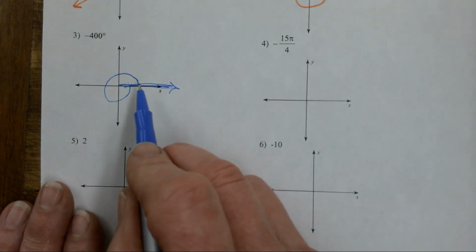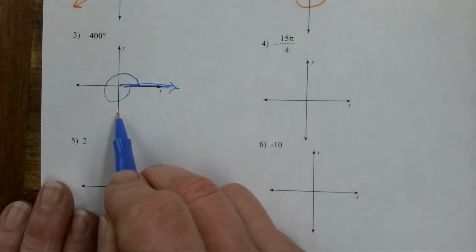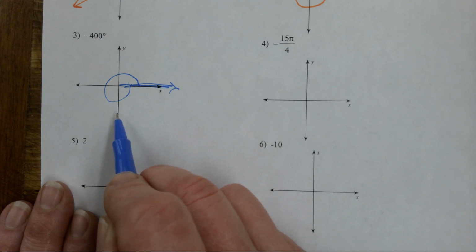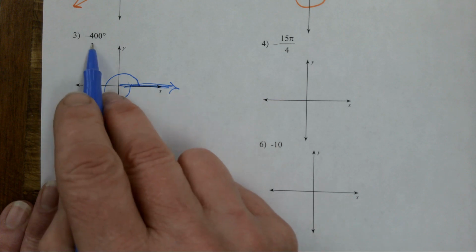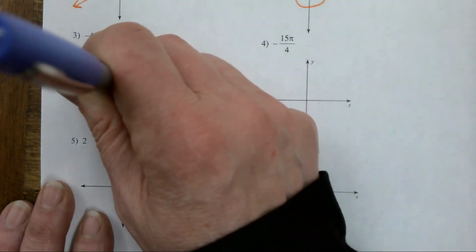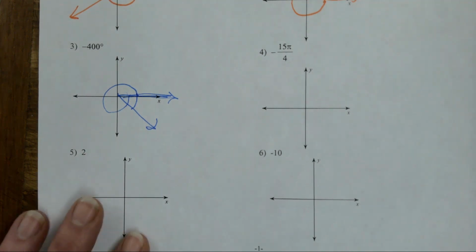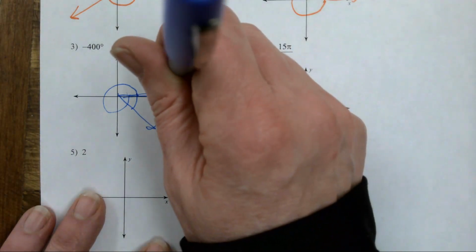If I move 90 more backwards, I am at 360 plus 90, 450. I want to be at 400, so I'm going to stop before I get to 450. That landed me in the fourth quadrant.